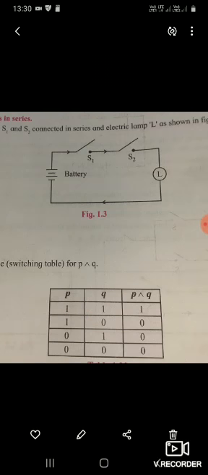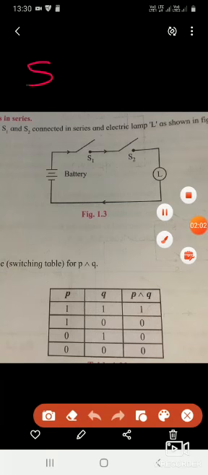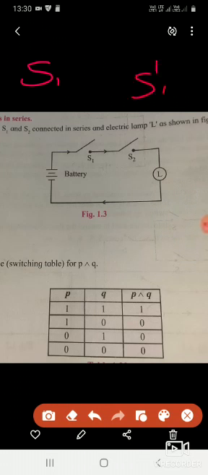Switches having the same state, same state meaning closed, can be denoted by the same letter S or S1, S2, S3 in this way. Switches having opposite states: S1 is closed, S1 dash is open, that means one is on, another one is off. It will be denoted in this way.